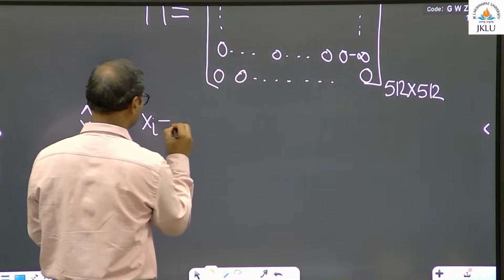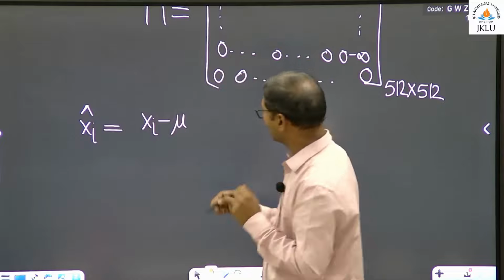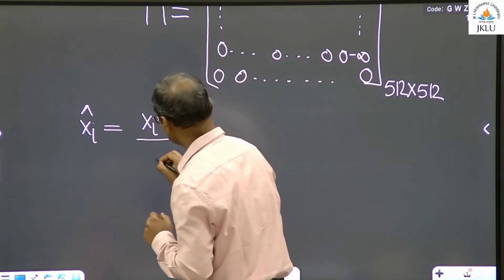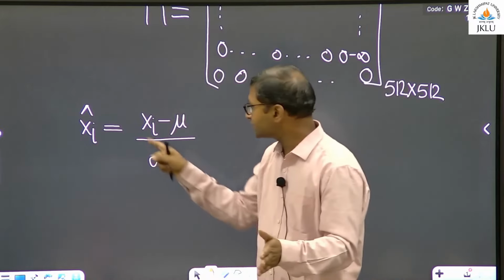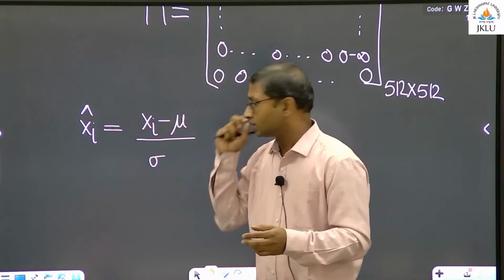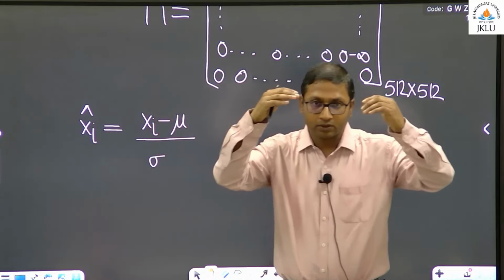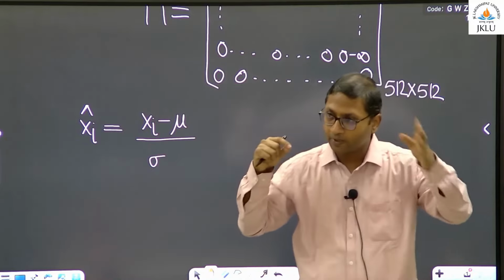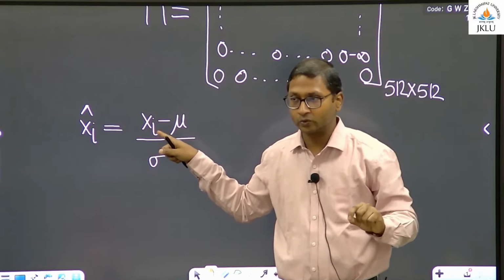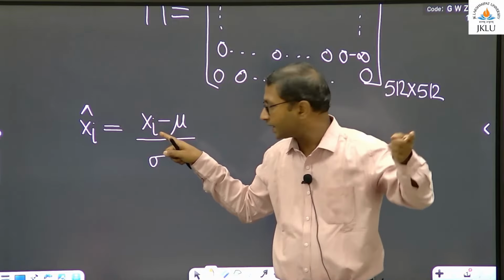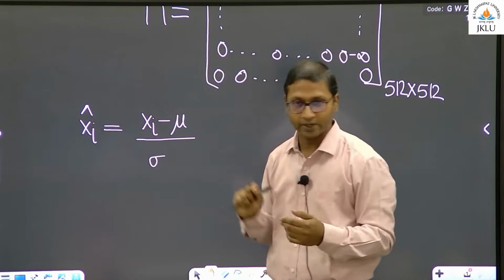xi minus mu divided by sigma, right. So every term changes from whatever it was. Before you normalize, everything was x1 to x512, and after normalization everything changes to xi hat in this manner.